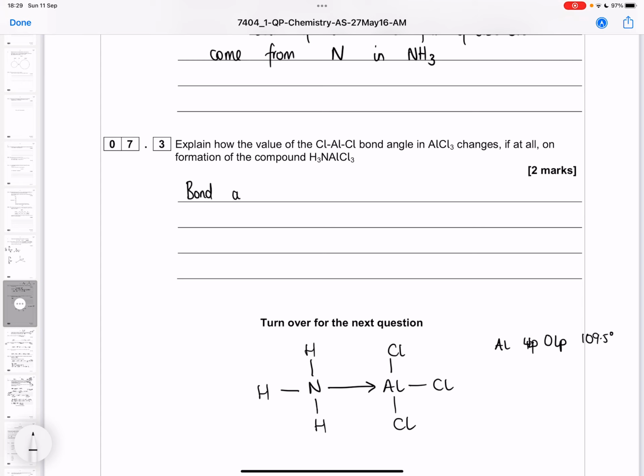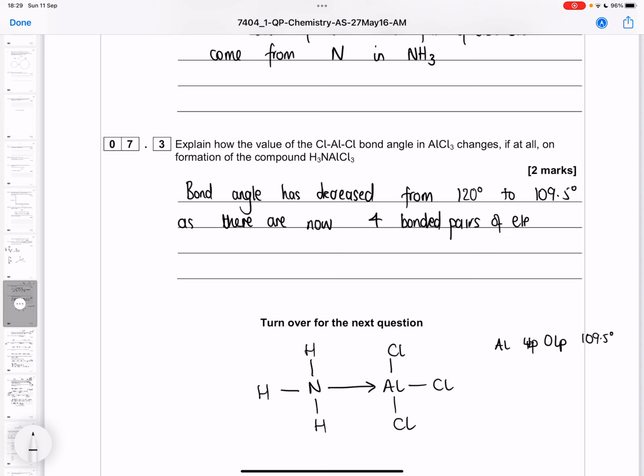So we can write that the bond angle has decreased from 120 degrees to 109.5 degrees, as there are now 4 bonded pairs of electrons around aluminium.